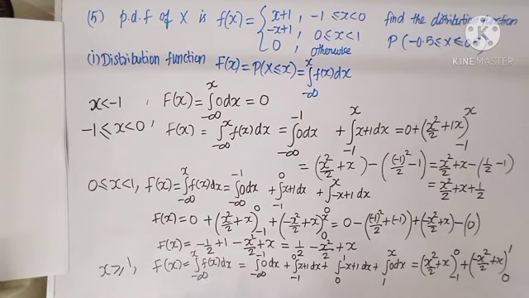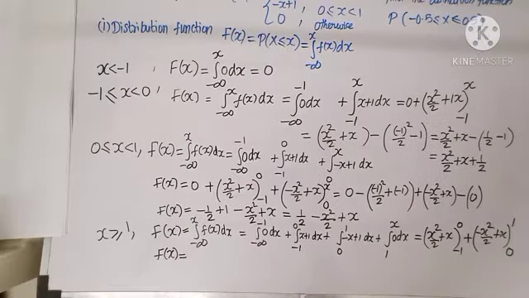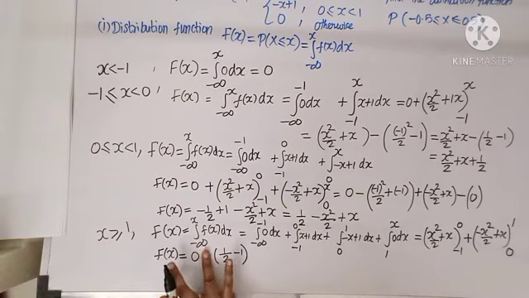As I simplify, f of x is equal to, when I put 0, it is 0, plus wherever x is coming, put minus 1. Minus 1 square, 1 by 2, minus 1. This is lower limit, so put minus symbol.